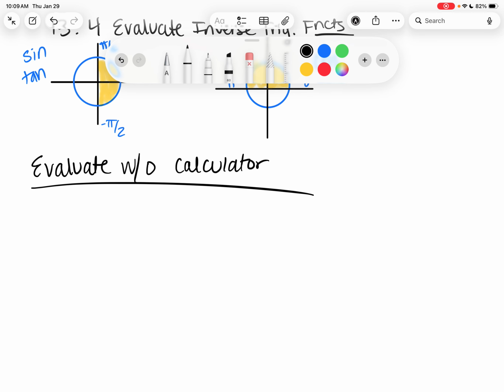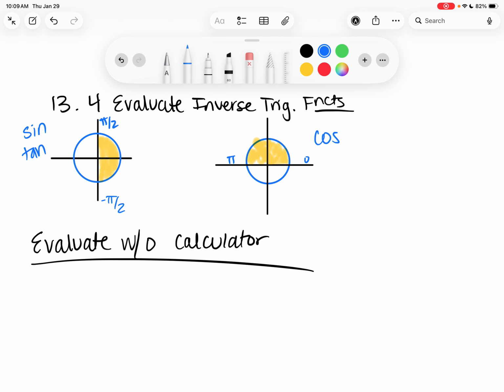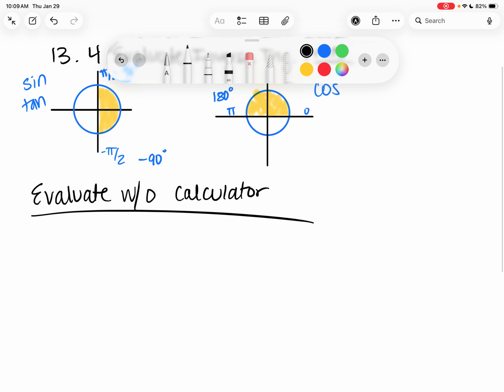All right, so these ones say to evaluate without a calculator. Give your answer in both radians and degrees. Notice this means that in degrees, this goes from negative 90 degrees to positive 90 degrees, and this goes from 0 degrees to 180 degrees. Number 4 is the inverse tangent of negative 1.